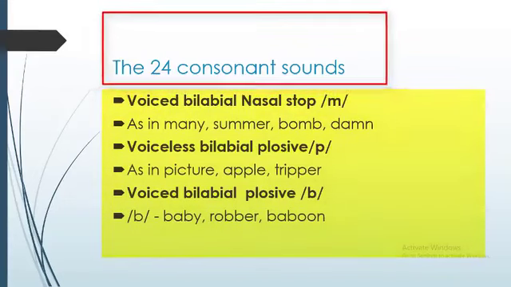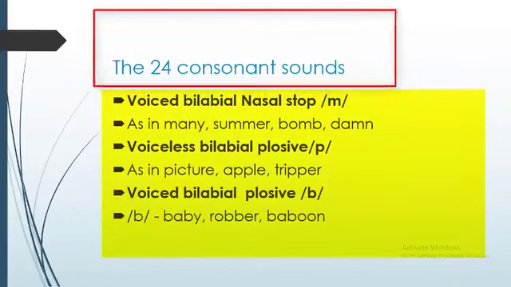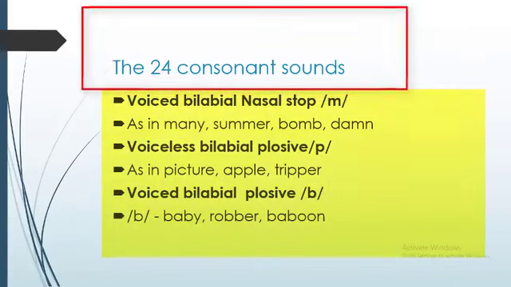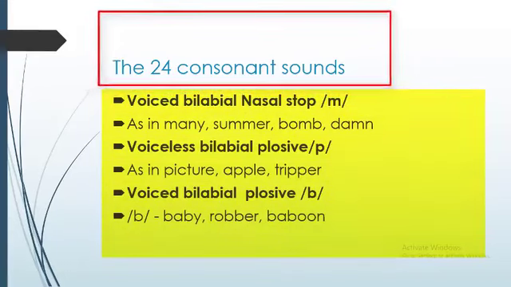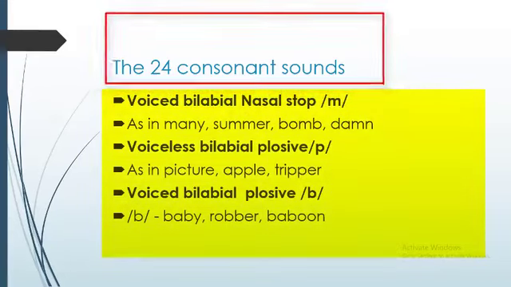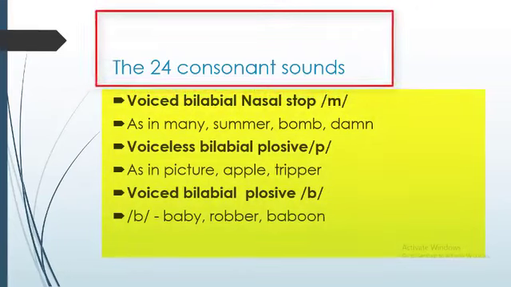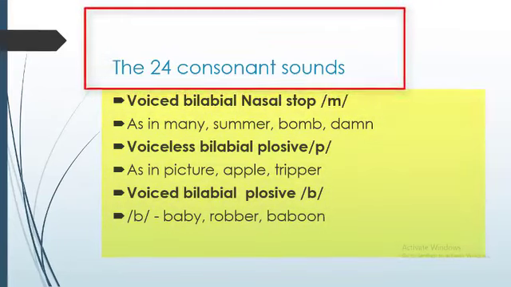So these are the 24 consonant sounds. Number 1 is M. It's a voiced bilabial nasal stop consonant sound. We have it in words like many, summer, bomb, dam.